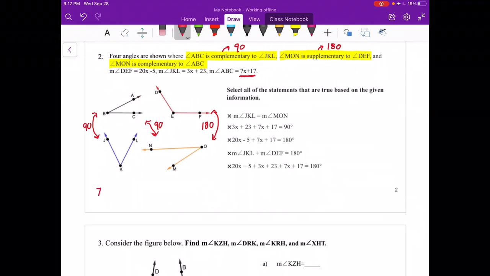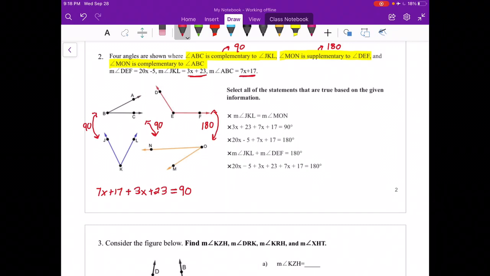So we're going to write 7x plus 17. We're going to add that to the expression for JKL, which is 3x plus 23. And we're going to set that equal to 90 degrees since both of them are complementary angles.